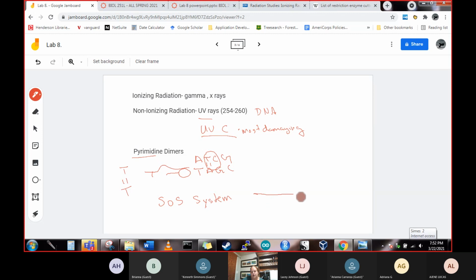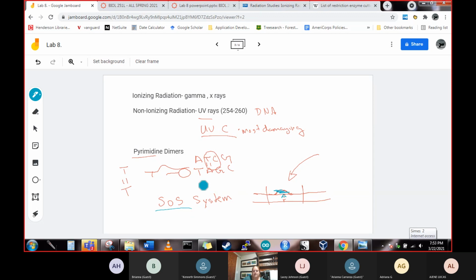So if this is your double-stranded DNA, it's happily going along, and suddenly there's a TT, and you get a little bump from the UV rays. This SOS system will come in and cut that section out of your DNA, remove it, and then fix that section so it's no longer a little bump. So it goes back to being flat.